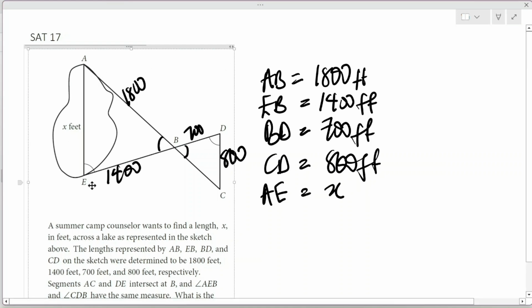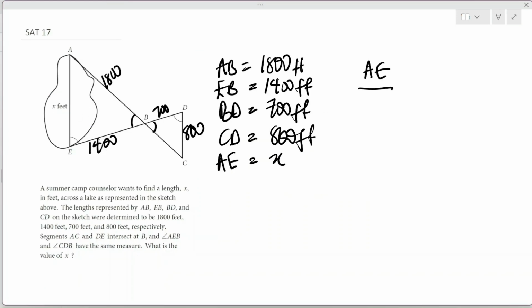Taking this bigger triangle, we can say AE over EB equals, for the small triangle, CD over BD. For the big triangle, we take the vertical over this line, that's AE over EB.